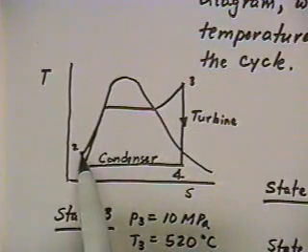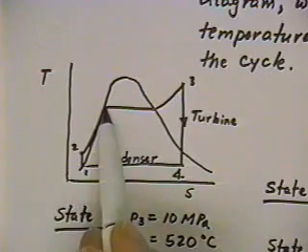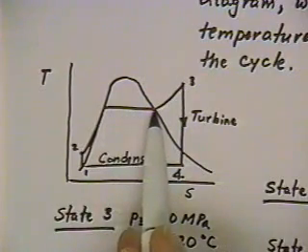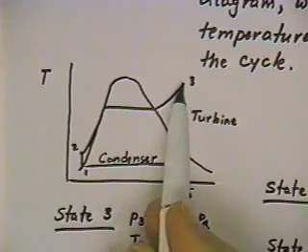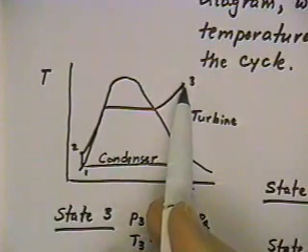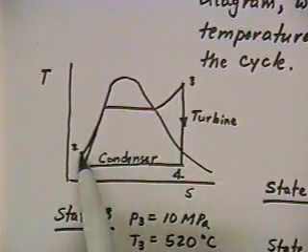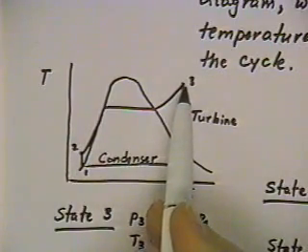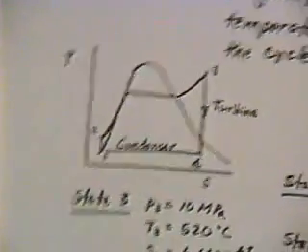So the water enters the boiler under a condition of 10 megapascals and is then heated as it goes through to saturated liquid conditions, and it goes through a vaporization process, and then it becomes superheated as you move out into the superheat region. So the heat added in the boiler is the heat that's added from state 2 to state 3.